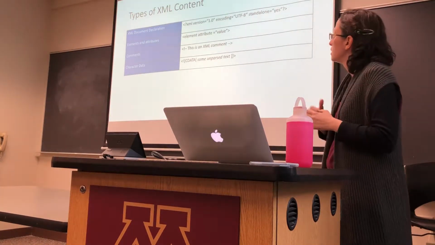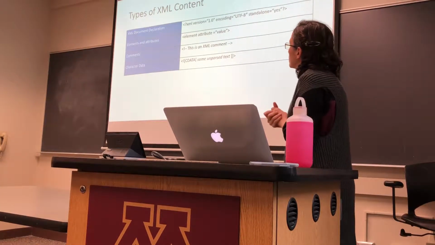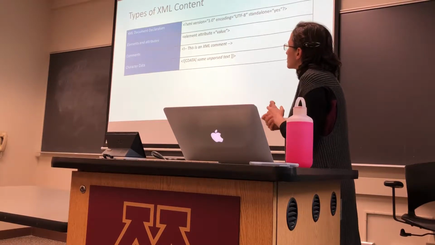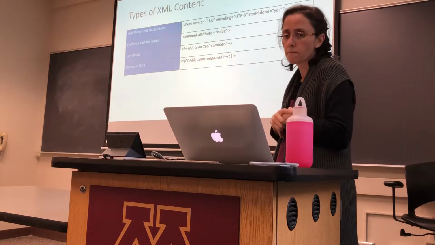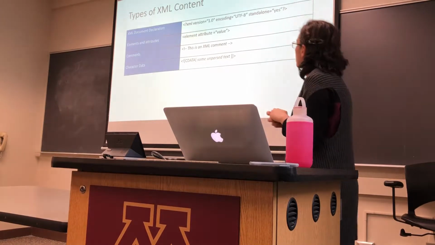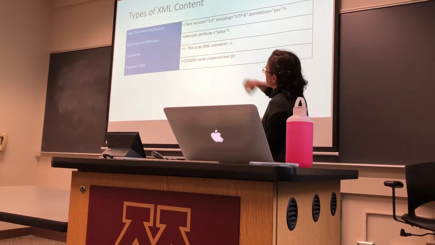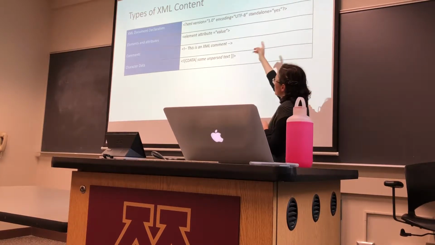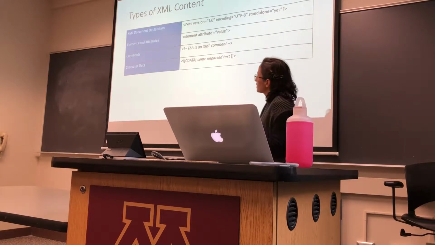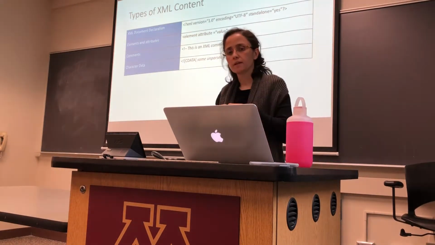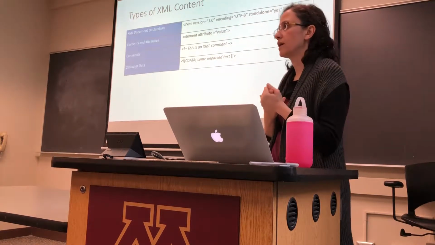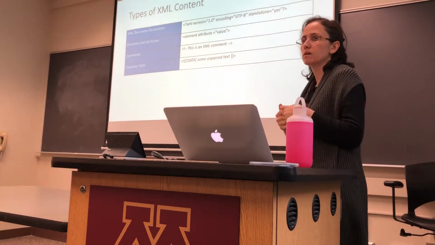So let's see what XML is composed of. In XML, you start your document with the first line, the document declaration. You use it just as it is, and below that you would start to list what your elements are.